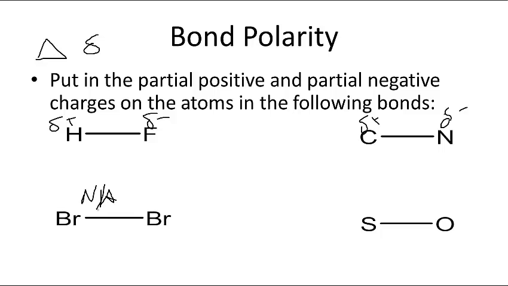Lesser shielding in O. Same effective nuclear charge, but S has more shielding, so O is going to be more electronegative. So in this tug of war, O would be pulling the electrons closer. It couldn't rip them all away, right? But it can pull them closer. All right. You need to be able to do this, and it seems like you guys are pretty good at it.